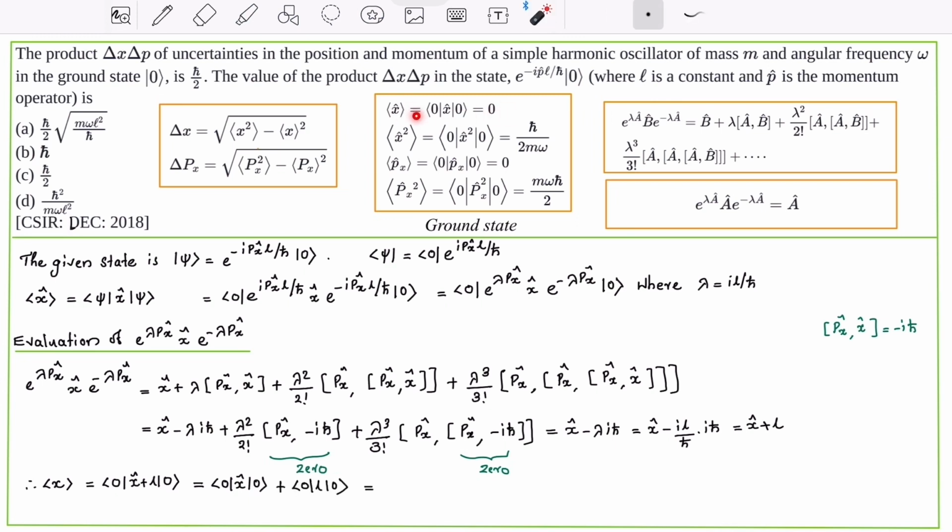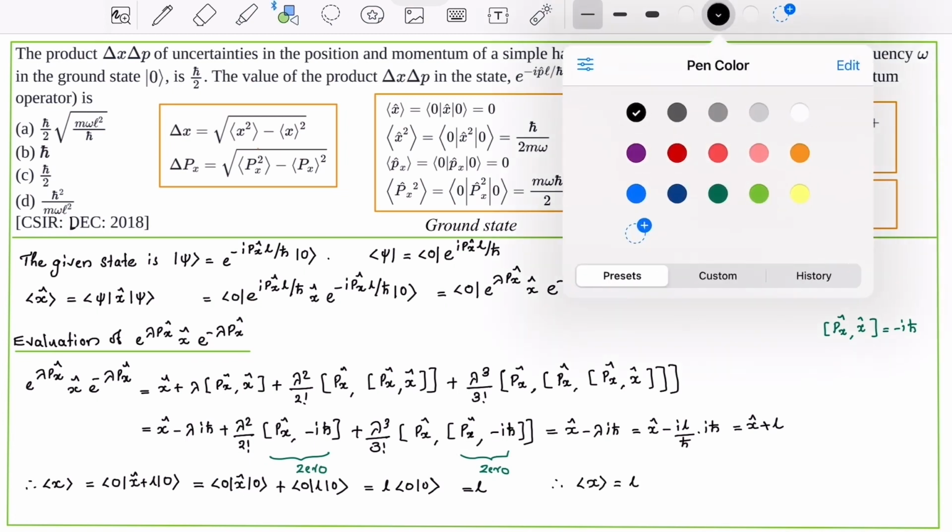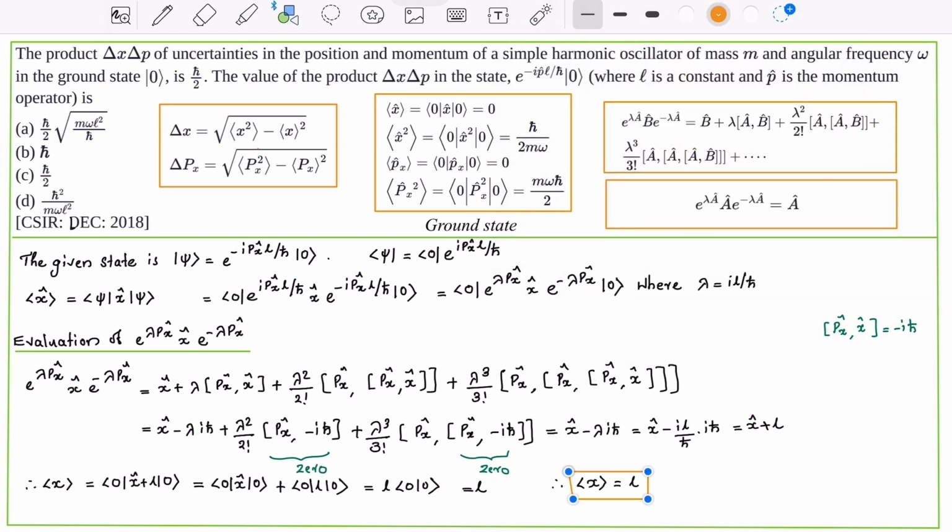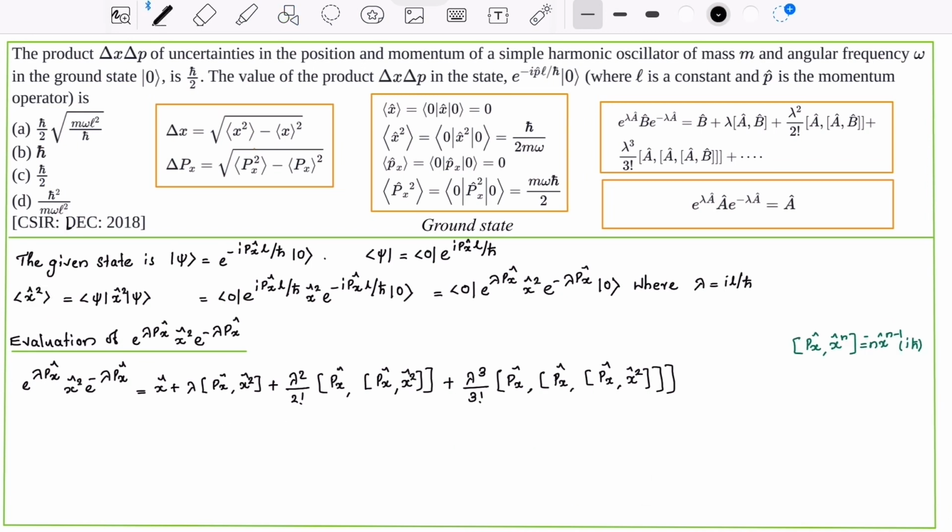We have ⟨0|x|0⟩ is equal to 0, then it is L times the inner product of |0⟩ with itself, that is L. That is, the expectation value of x is L. This is our first result.